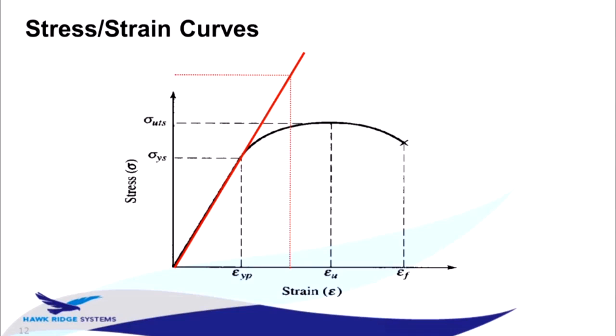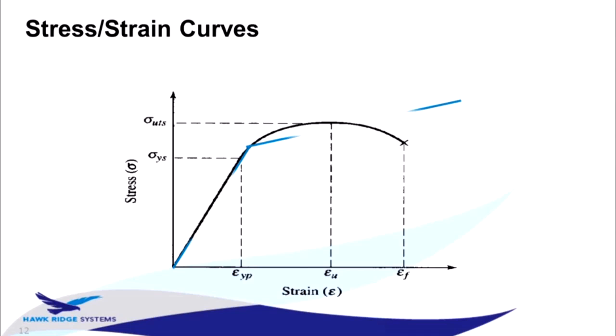So if you've got a situation where a model is being loaded and it's reporting stresses above the yield strength, all you can really take away from that analysis is the knowledge that the material has yielded. And from a design perspective, that's often all we need. In many design cases, yielding equals failure. So if we see material yield, we need to redesign the part.